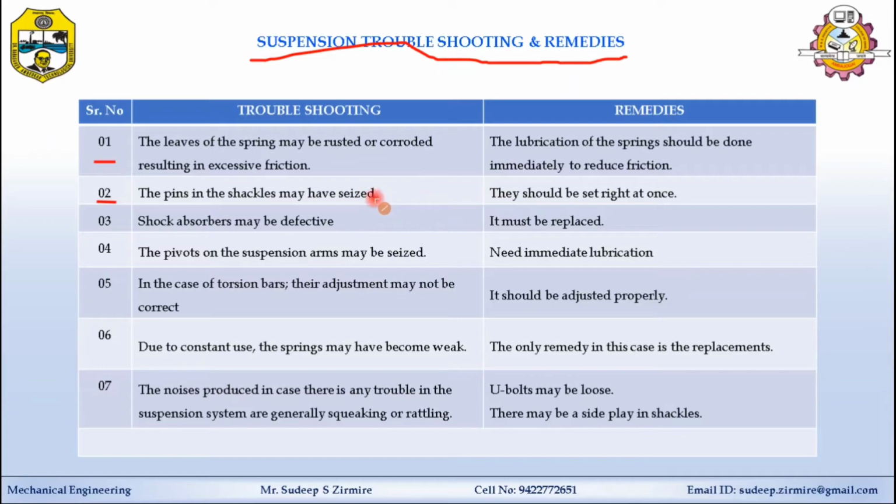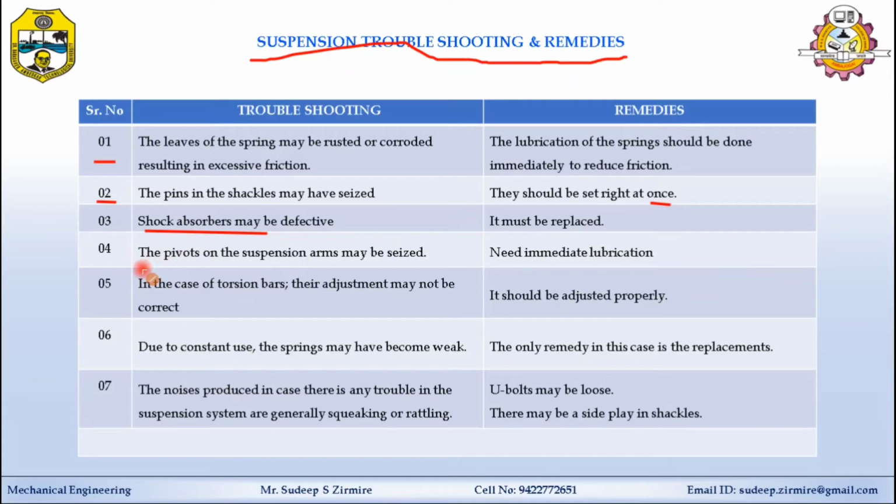So related to the bronze bush, they should be set right at once, meaning they should be concentric, with no misalignment between the bushes. The third one is the shock absorber may be defective. It may be bent, or because of the bend oil may leak, so it must be replaced. The best solution is to replace the shock absorber instead of maintenance.